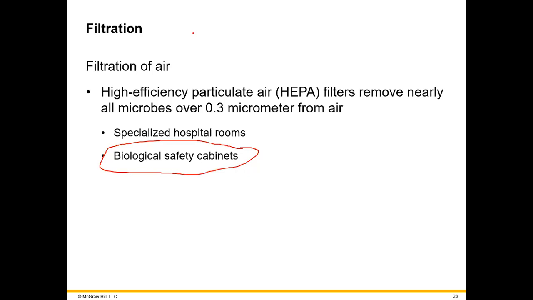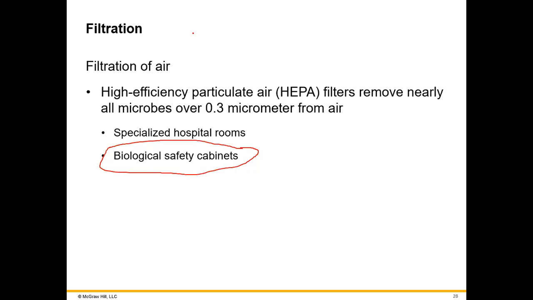It's a metal cabinet, typically with different buttons to turn the fan on and so forth. But effectively, the processes through which these two instruments work are quite different.